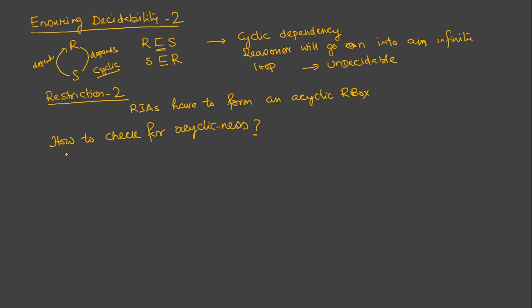So while you are debugging your ontology and trying to see whether you have satisfied all the restrictions that are imposed over the constructs, you need to check whether the R box is acyclic or not. So we need to see how do we really do that, right?